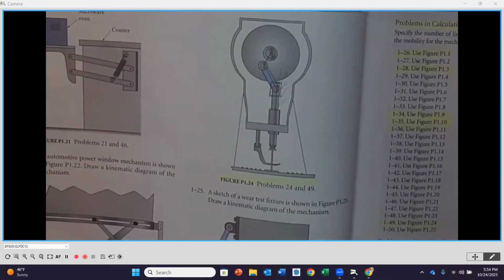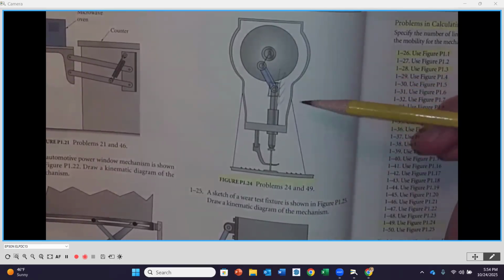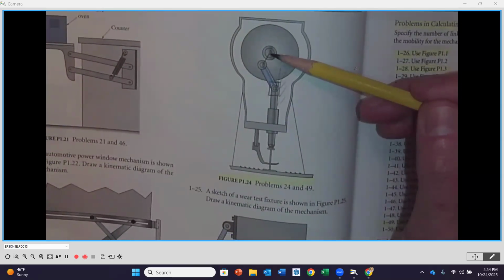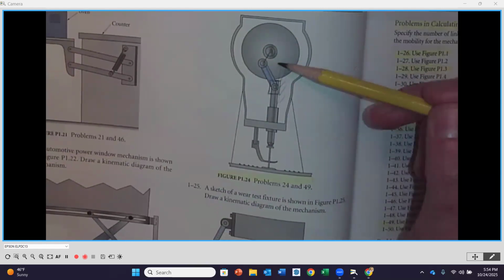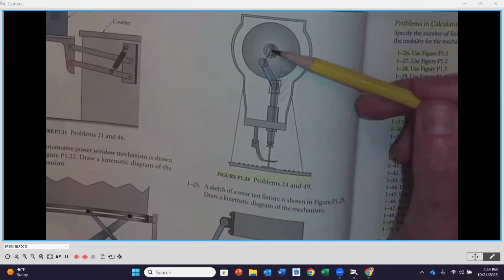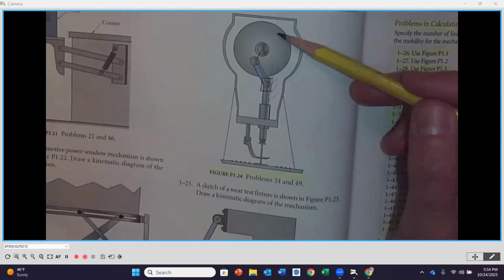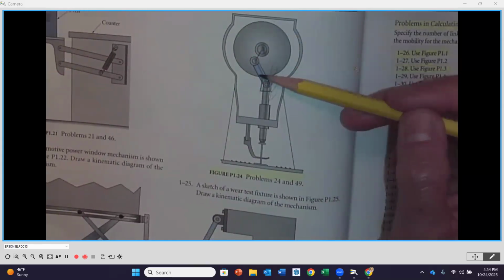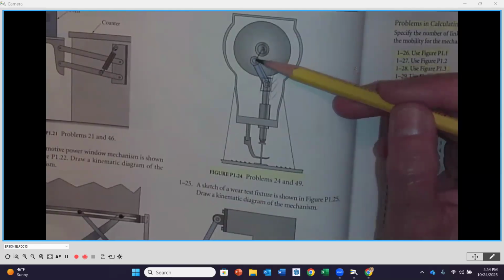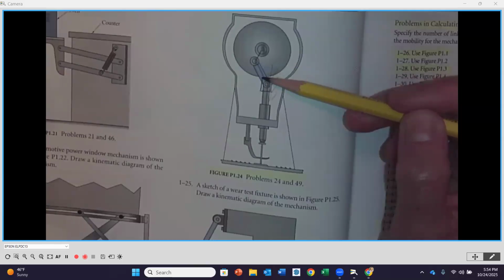Now, this problem is actually a reapplication of 110, the reciprocating saw mechanism, but now it's vertical. Okay. So here, in back of this flywheel, we would have our electric motor. It would be rotating about this point. And again, we're not going to draw the circle. We're going to draw just a radius from the center of rotation to where we have our pin connection for our connecting link.